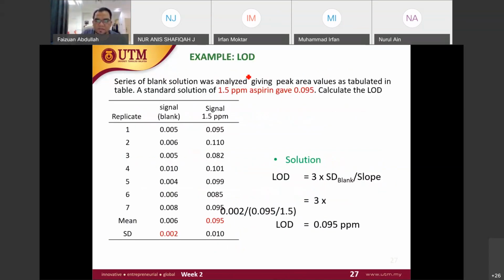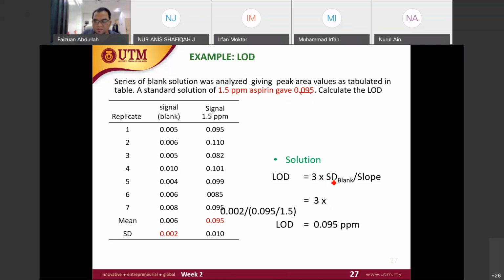A blank solution was analyzed, giving peak area values as tabulated in the table. A standard solution of 1.5 ppm aspirin gave 0.095. This means the signal. Calculate the LOD. So LOD is 3 times SD blank divided by slope, so equal to 3 times 0.02.